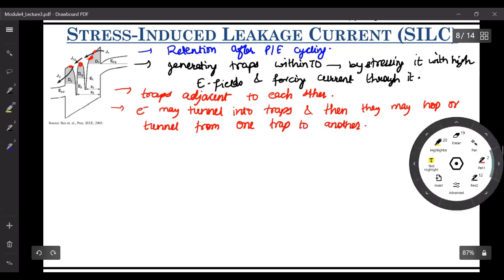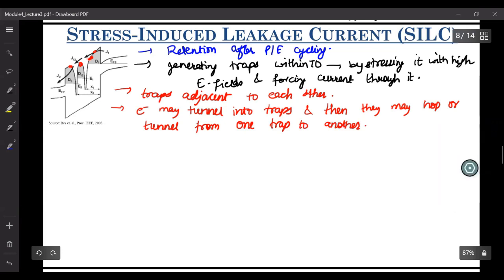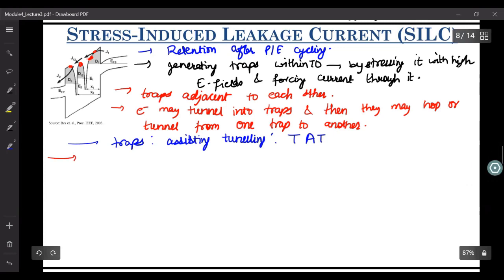So here what is happening is, these traps are assisting the tunneling process. This process is called trap assisted tunneling, TAT. So what is its implication? Its implication is simple, that your FN is a high electric field phenomenon, right?